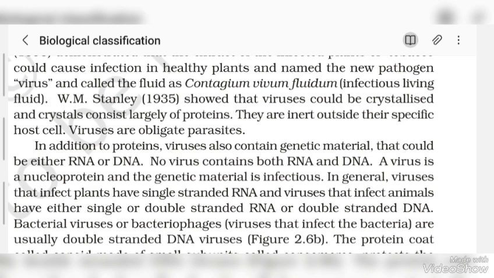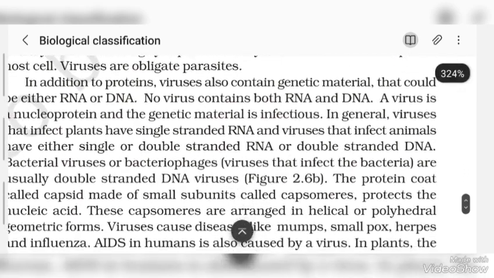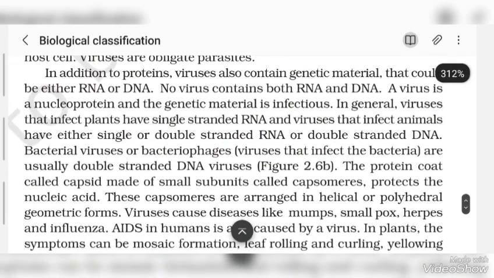They are inert outside their specific host cells. Viruses are obligate parasites. In addition to protein, viruses also contain genetic material that could be either RNA or DNA. No virus contains both RNA and DNA. A virus is a nucleoprotein and the genetic material is infectious.